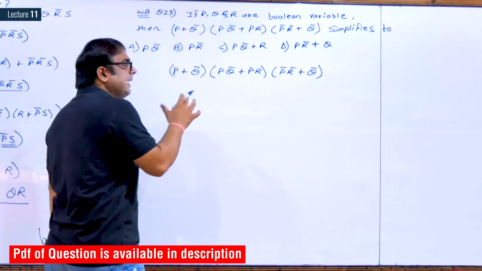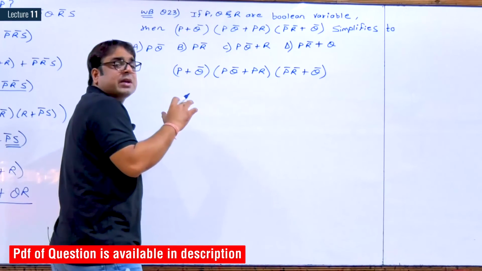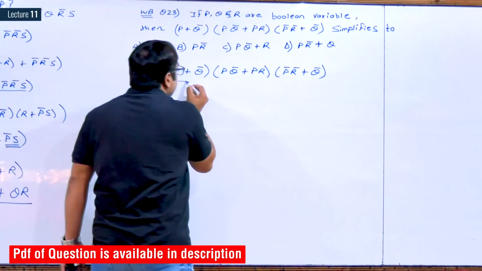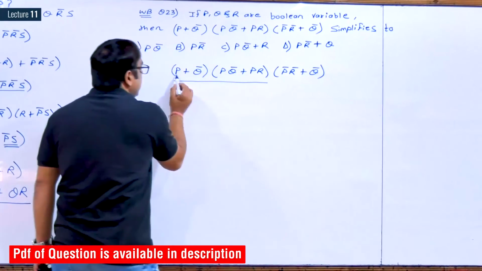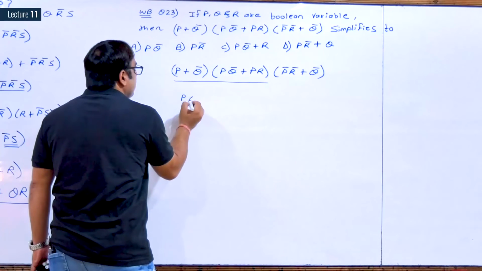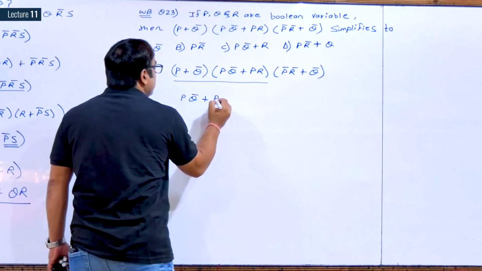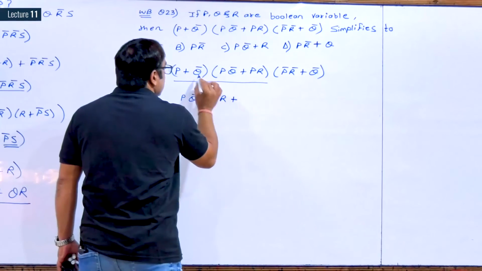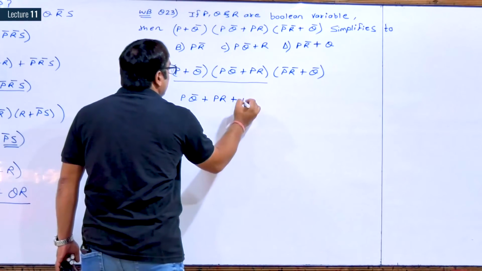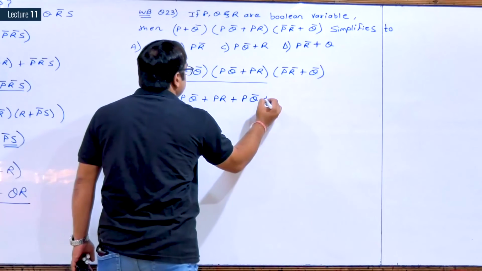So just I am trying to use distributive law, simply multiply. So P dot Q will become PQ complement, P dot R will become PR plus Q complement dot PQ complement will become PQ complement.